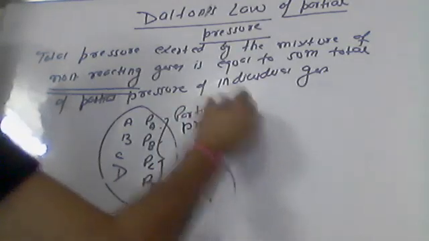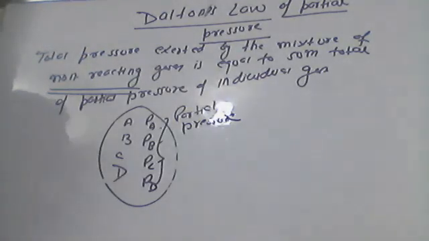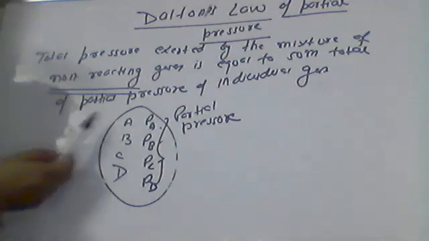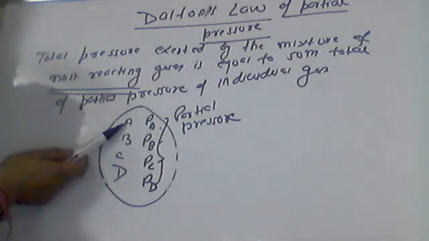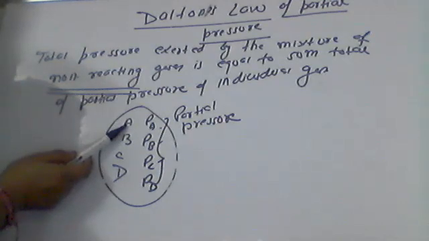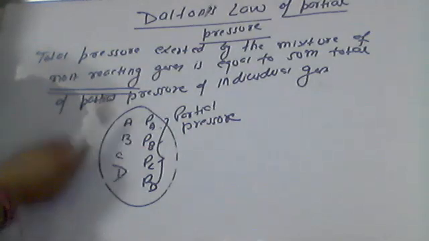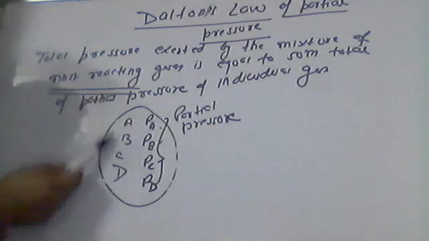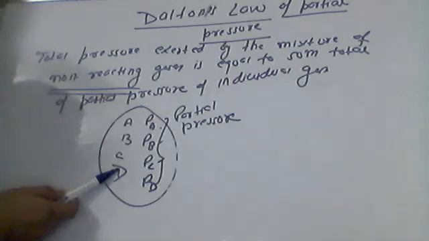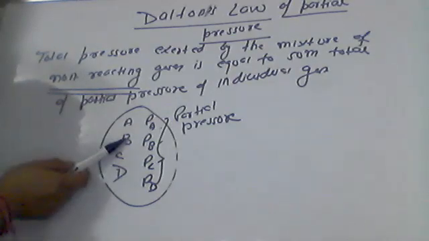Partial pressure. I hope you know it. What is partial pressure? Partial pressure is basically the pressure exerted by, suppose I want to discuss the partial pressure of gas A, then partial pressure of gas A will be the pressure exerted by the gas A when all these other gases are not present inside it.